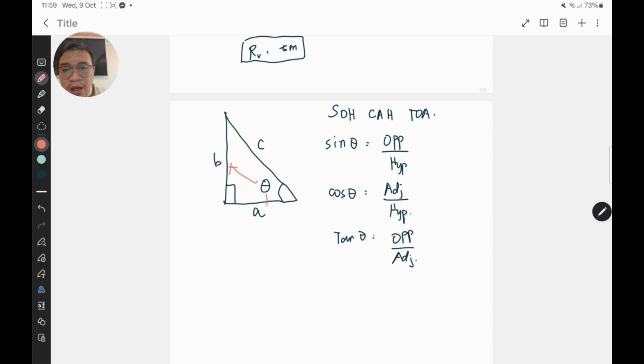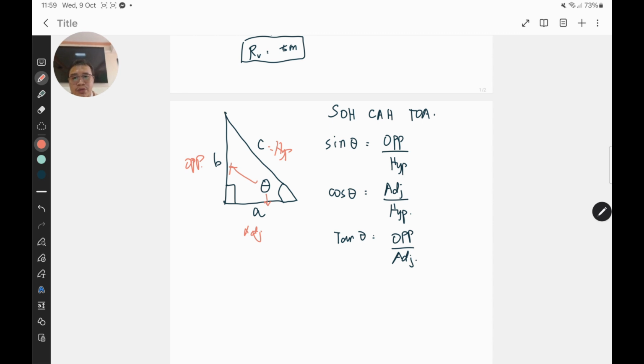In this case, our adjacent side is A. Now, what is the hypotenuse? As I said earlier, the hypotenuse is the longest side of a right triangle. So in this case, this is our hypotenuse, C. This A here is our adjacent and this B here is our opposite for this case.